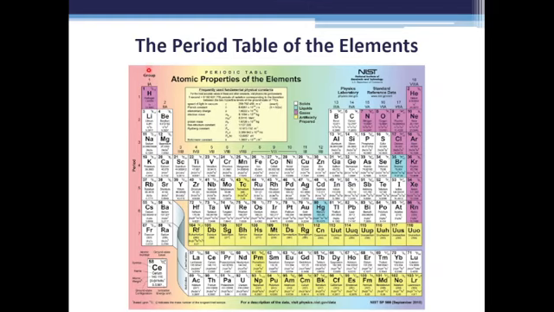Okay, next let's talk about the periodic table of elements. All known elements are organized in this table. I suggest you have a copy of a periodic table because it is one of the most important tools in science. Each element is identified by a chemical symbol, which is this, like H, like Li.